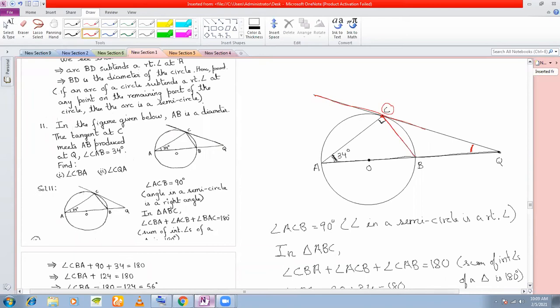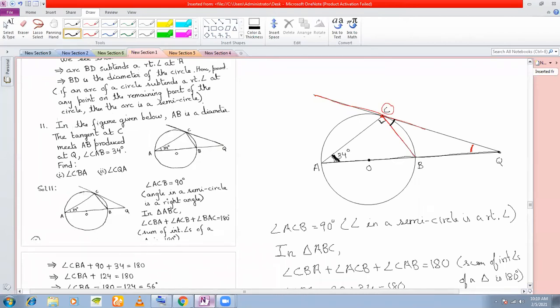So coming back to this, you see a chord and you see a tangent intersecting at the point of contact. That means angles in alternate segments should come to your mind. But what are the angles in alternate segment? If you see the angle between this tangent and this chord is this. So angle in this segment, that is the minor segment, is this one. And what is the angle on this chord? This 34 degree is the angle on this chord.